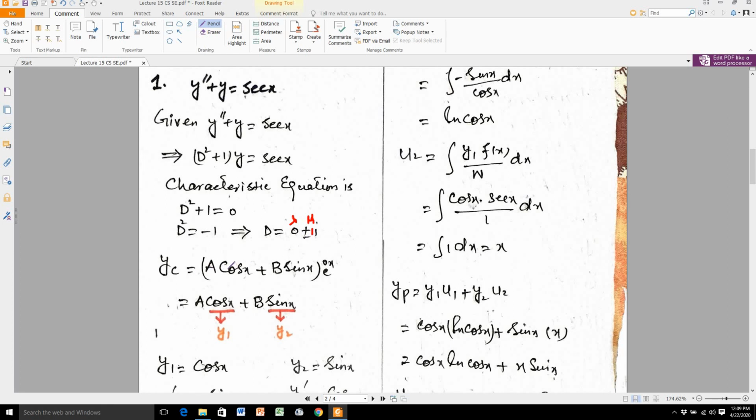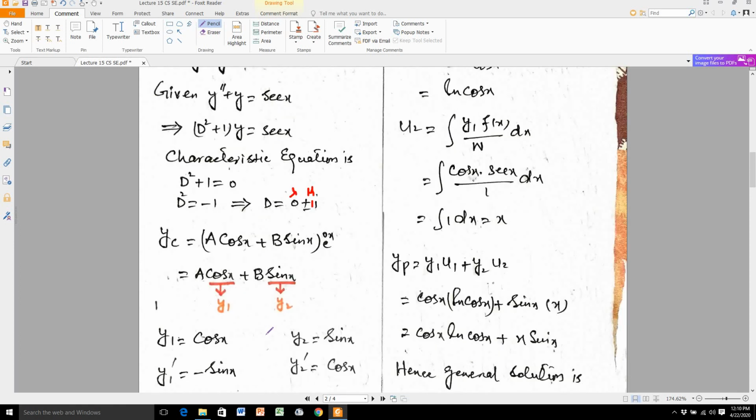Yc is equal to, and its solution is yc is equal to e raised to the power 0x, a cos of x plus b sin of x, and you know that e raised to the power 0x is equal to 1. And after simplifying this, a cos x plus b sin x, you get here y1 is equal to cos of x and y2 is equal to sin of x.